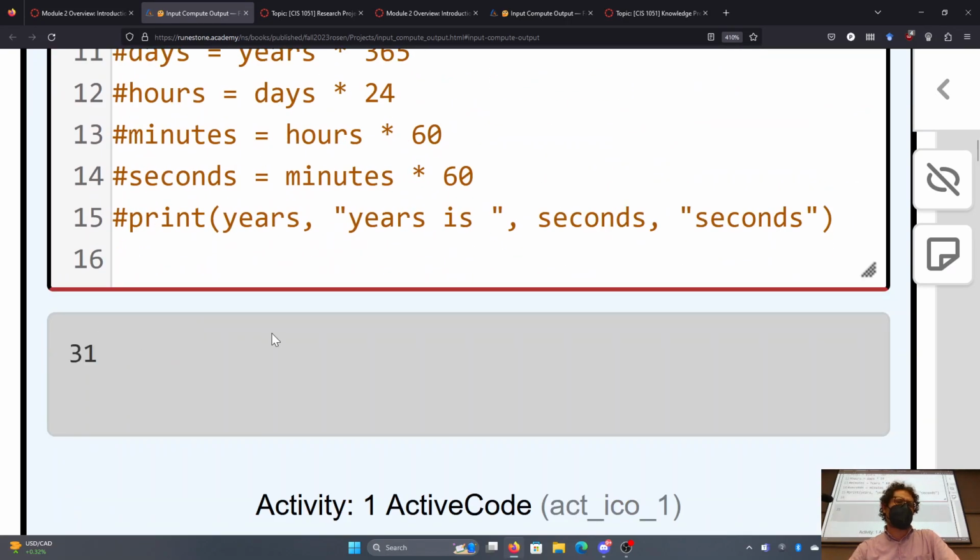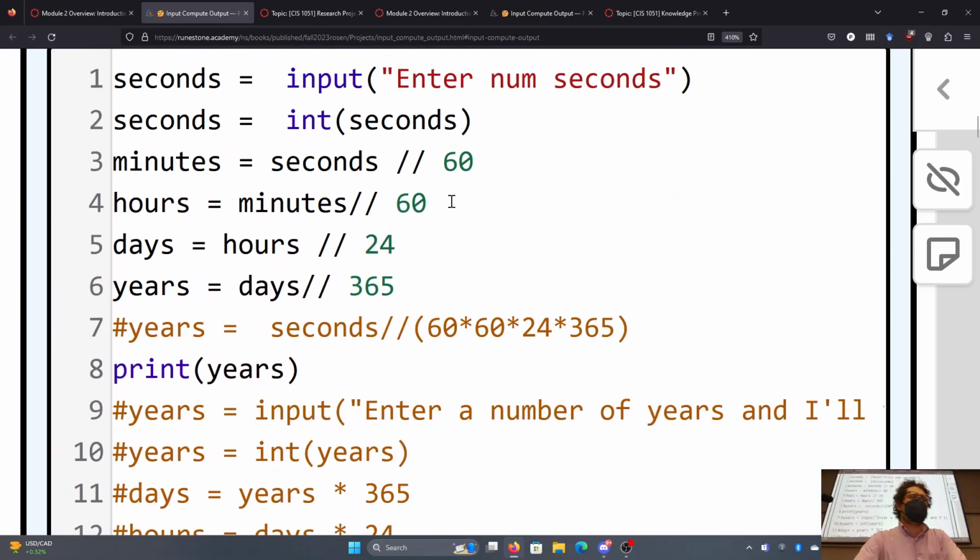And one thing to keep in mind while we're doing this calculation is that there's a lot of bits that go missing here. What do I mean by that? Well, we chop off extra seconds here, we chop off extra minutes here, we chop off extra hours here, and we chop off extra days here that don't fit cleanly in.